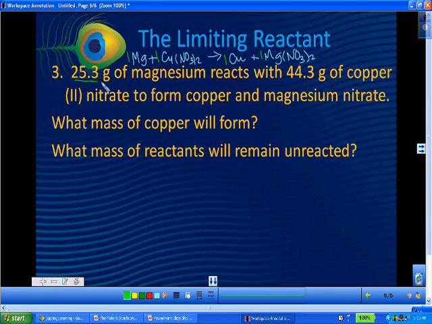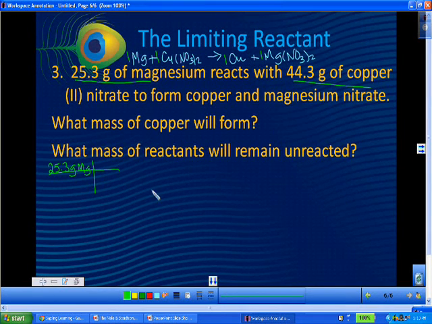So we have 25.3 grams of magnesium and 44.3 grams of copper(II) nitrate. Now anytime you have values for both of your reactants, you need to find the number of moles so that you can determine the limiting reactant. So let's start with determining the number of moles of magnesium. 25.3 grams of magnesium.